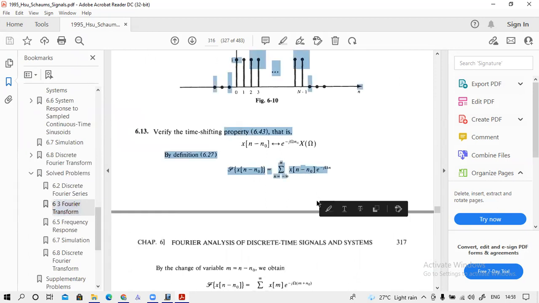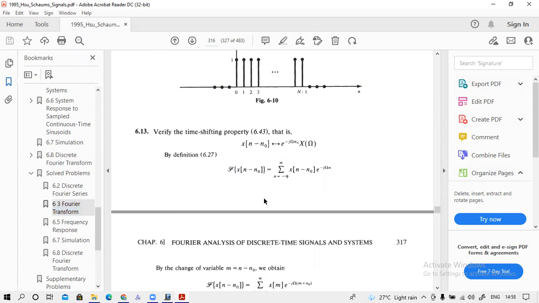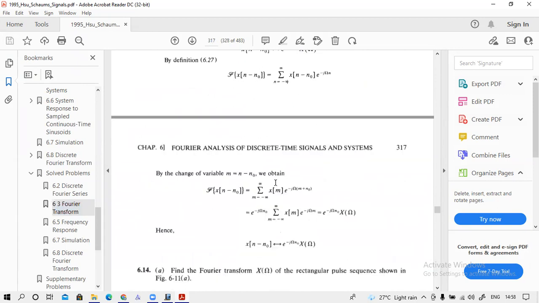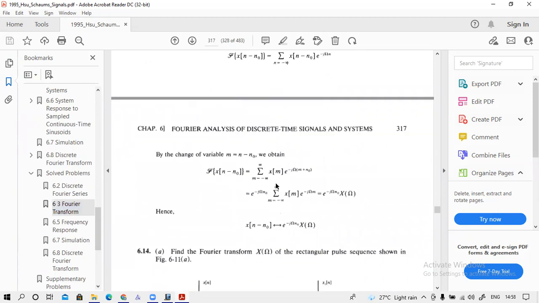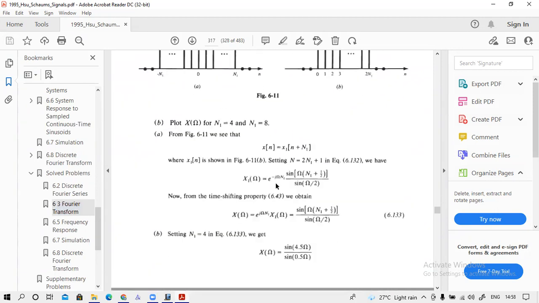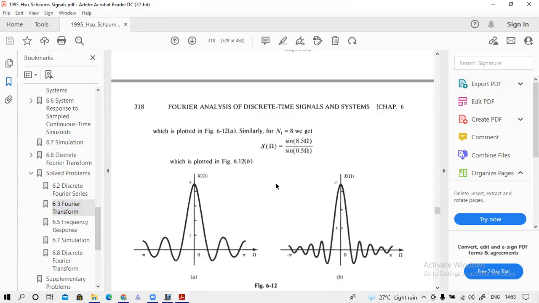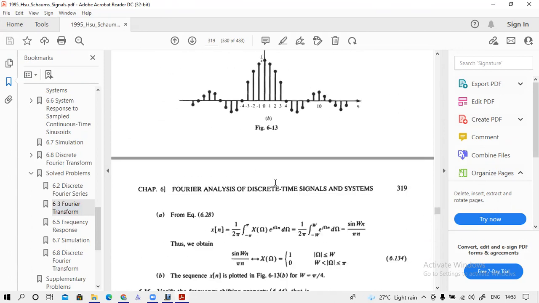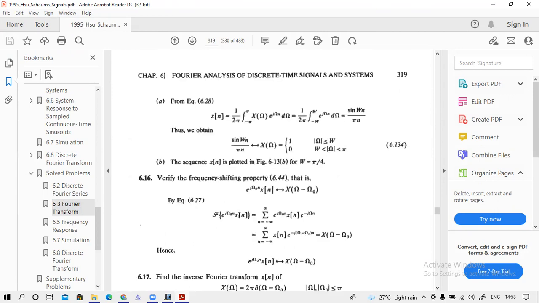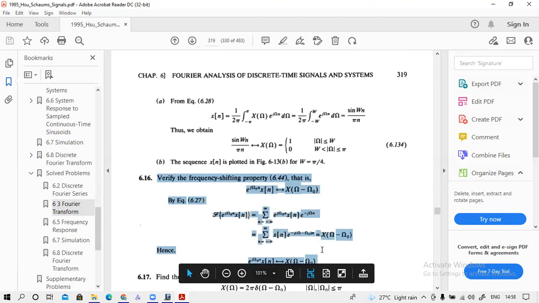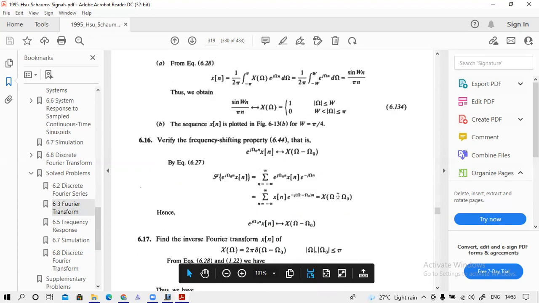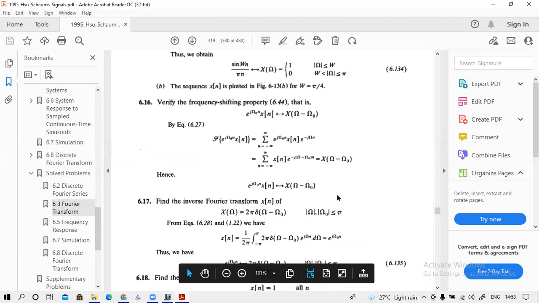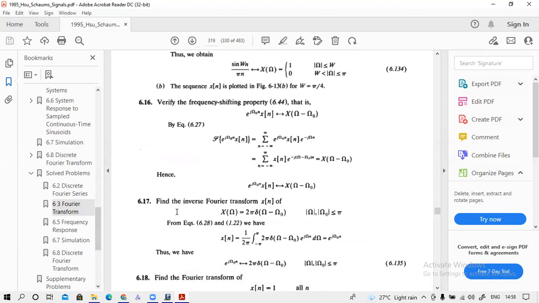You can refer to this; it is not very difficult, and I hope you can understand it. I also hope the frequency shifting property verification is here. Yes, this one. That one is also not very difficult, and you can get the idea.